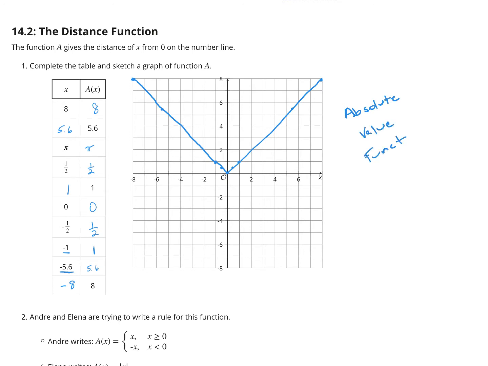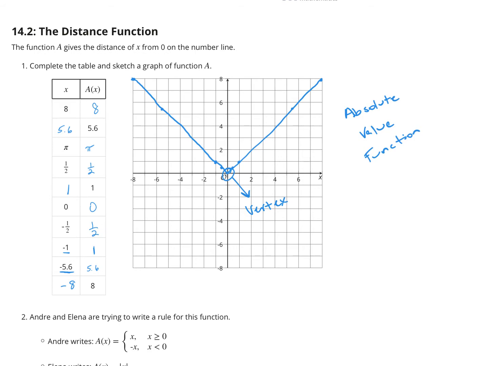It has those same properties of being V-shaped and symmetrical. If we were to put a mirror directly through the middle of the graph, each side would mirror the other. One other thing I want to point out is that the vertex falls on the origin. So this is the vertex of our graph.